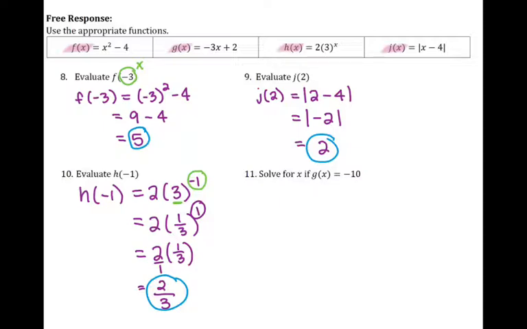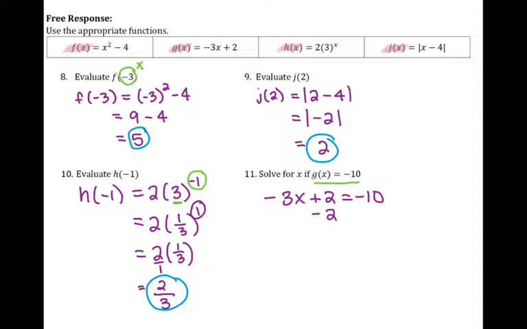And number 11, solve for x if g of x equals -10. So this is telling me that g of x equals -10. So I'm going to take my g of x, which is that -3x plus 2, and I'm going to set it equal to -10. Okay, and I can continue to solve.